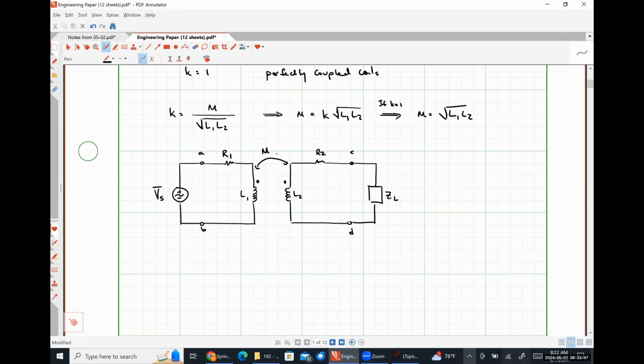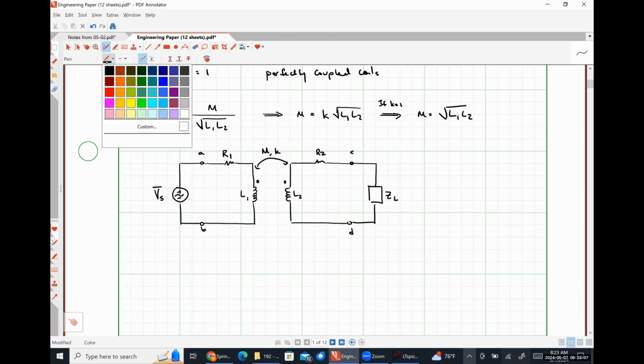So you might see this either given as a mutual inductance M or a coupling coefficient K, and if you know what L1 and L2 are, if you have M, you can find K. If you have K, you can find M.